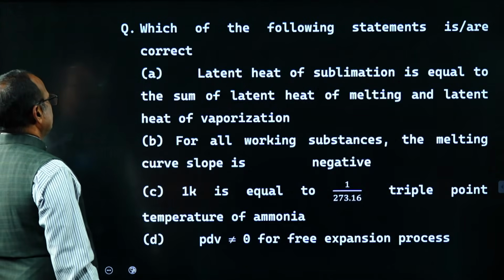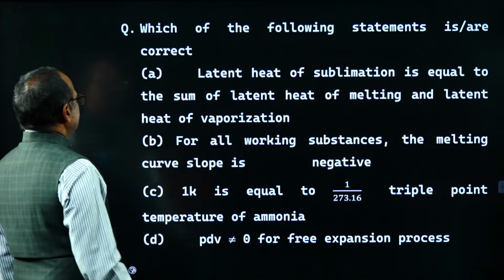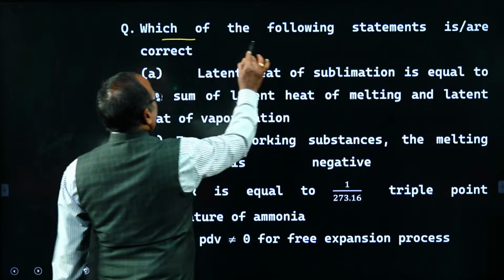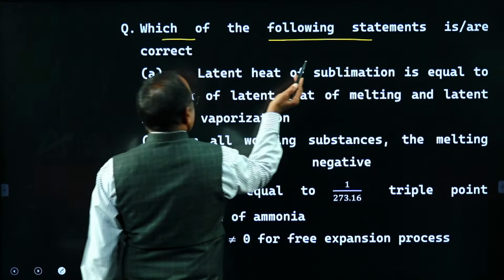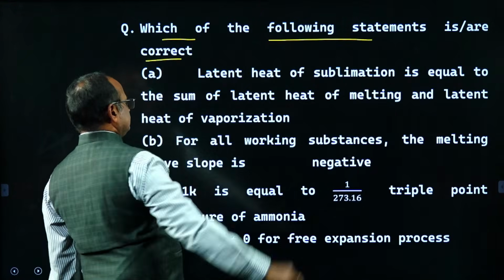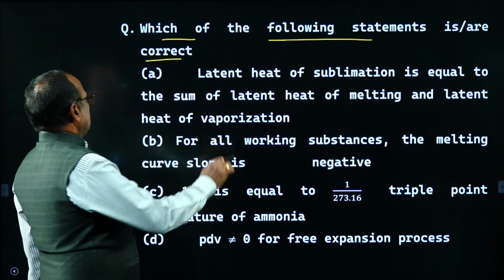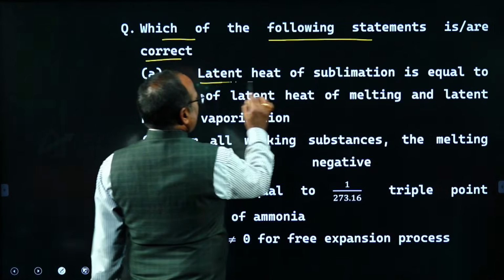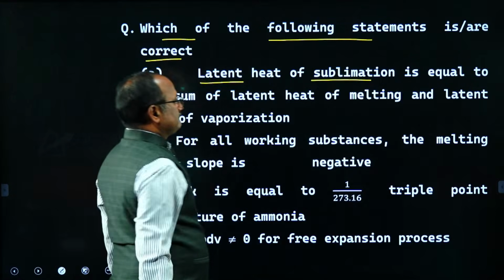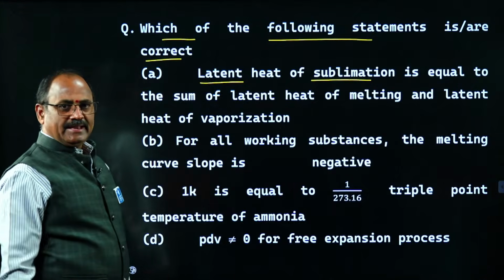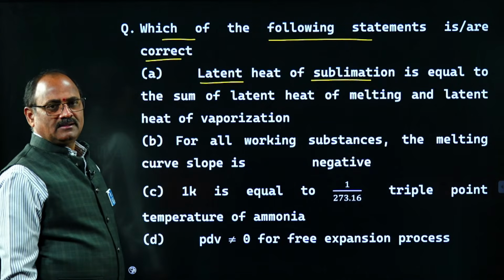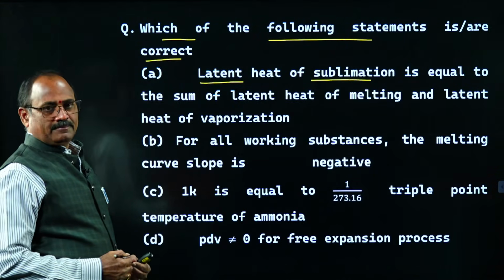Look at this one. It is asking like this. Which of the following statements is or are correct? Look at A. Latent heat of sublimation. Sublimation is the direct phase change process from solid to vapor.